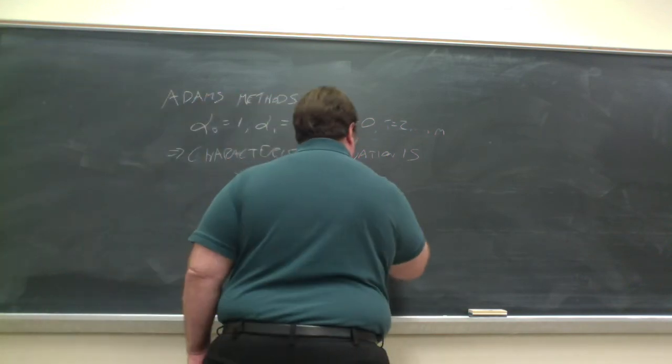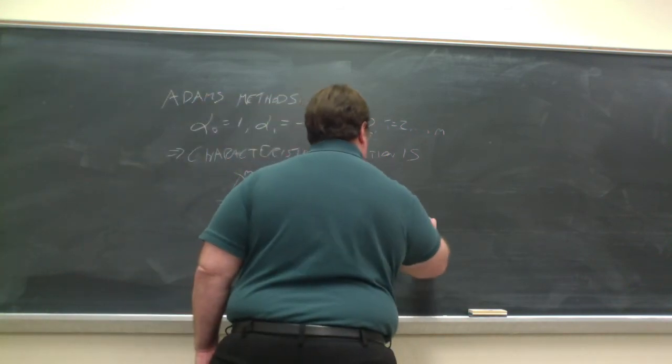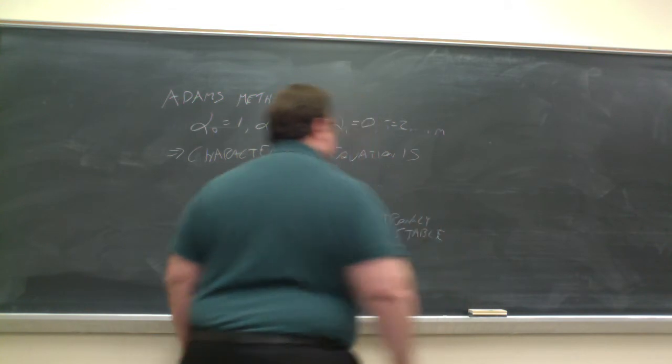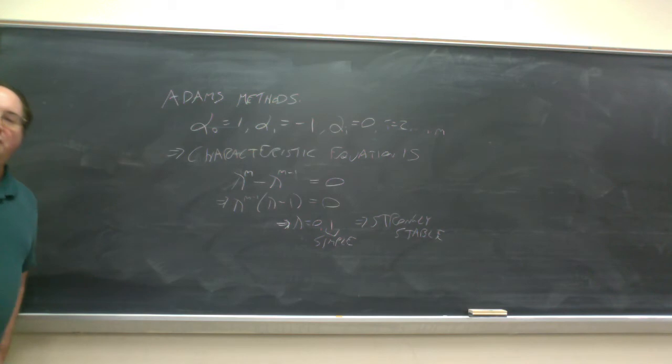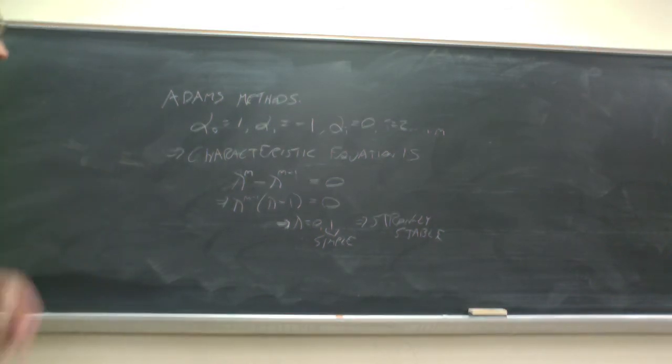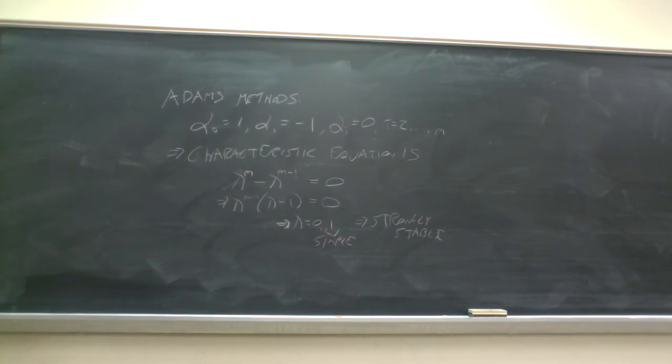So all Adams methods are strongly stable. And we know they're consistent. So all Adams methods are convergent. And we know what their order of accuracy is depending on whether it's implicit or explicit.